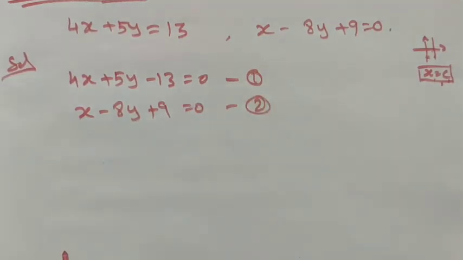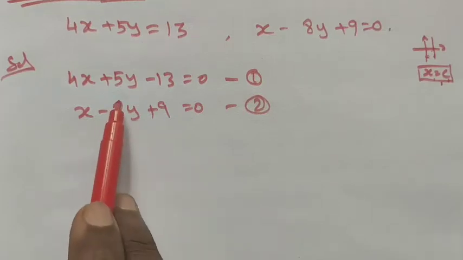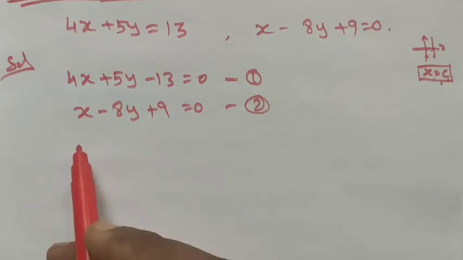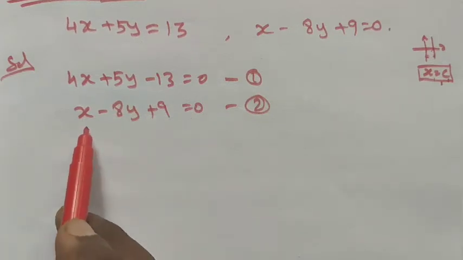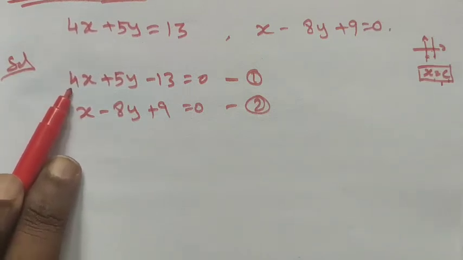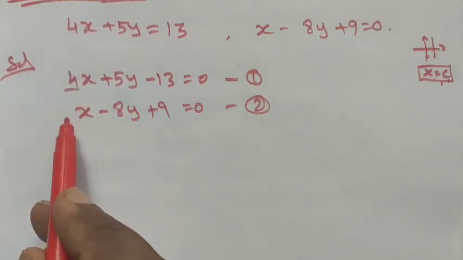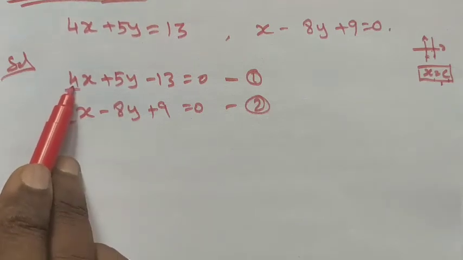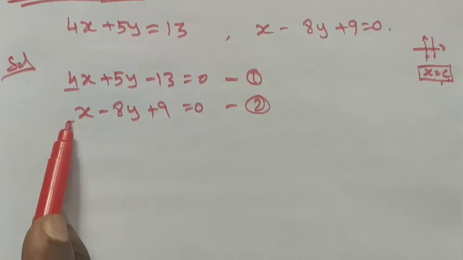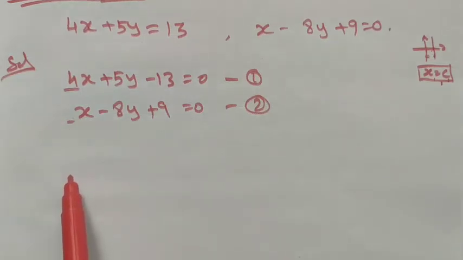Here we can use any one of the methods, either substitution, elimination, or cross multiplication, to find the x and y coordinate point. Here I am going to use the elimination method. I am going to cancel the x value, so I compare the coefficients of x. Here we have 1, here we have 4. So the second equation should be multiplied by 4.